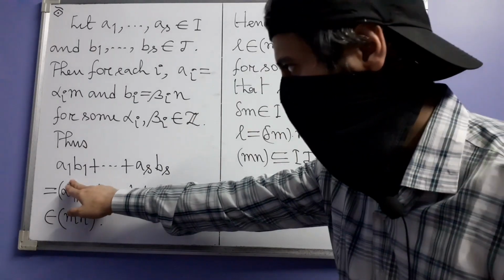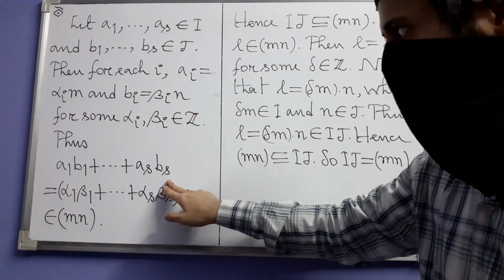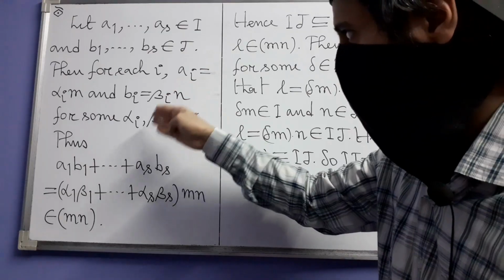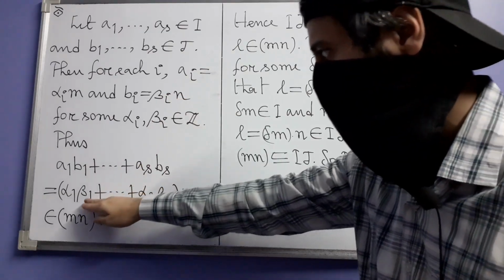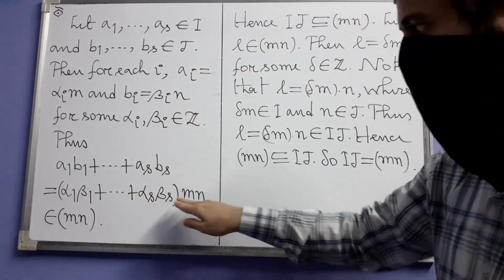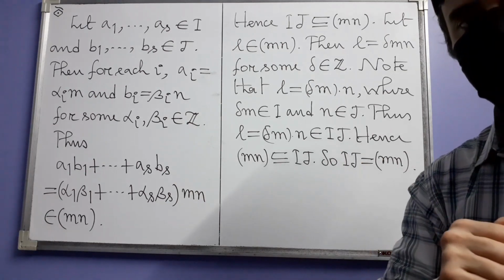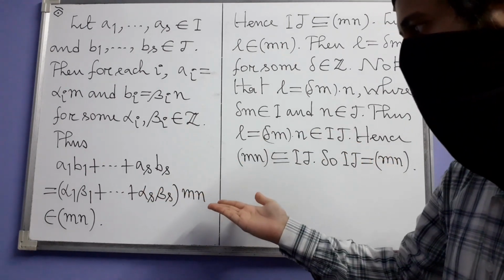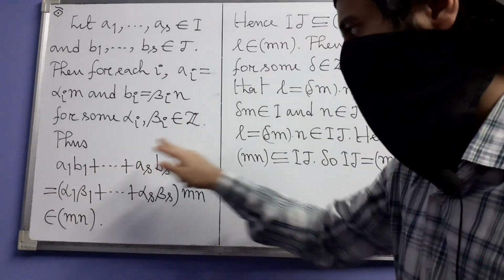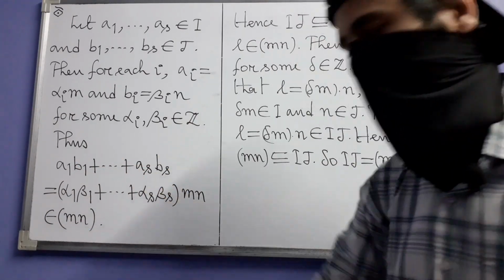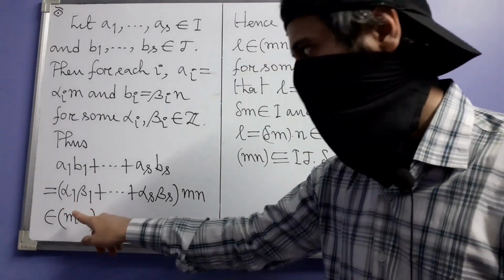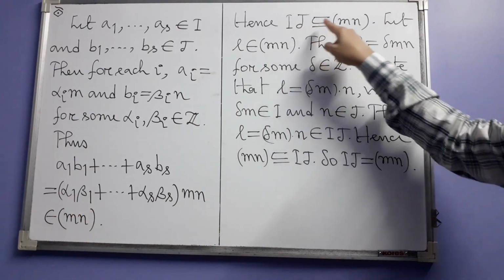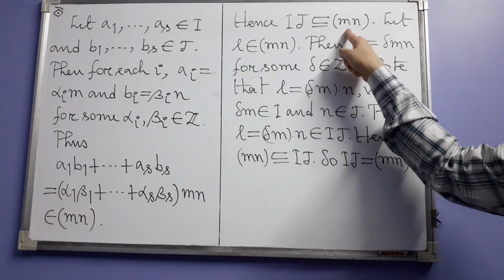Okay, and then we consider this element, in which if you use these things, you then get mn in each term, which you can take common out, and that clearly shows you that this is an integer multiple of the integer mn. So it belongs to this principal ideal, and that way you get IJ as a subset of mn.